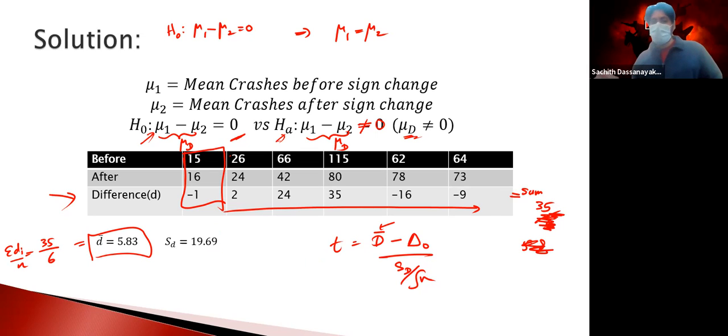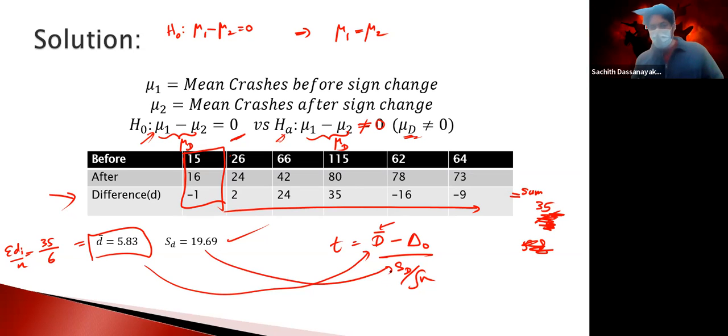You have to calculate this value, then replace it here. What happened to delta naught? It is equal to 0, because we don't have a delta naught.